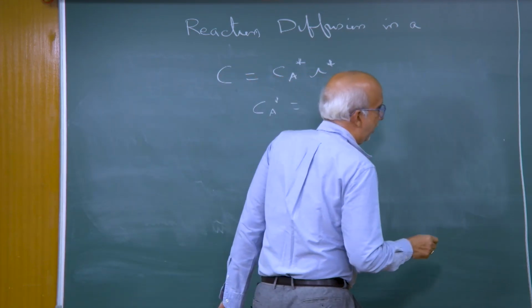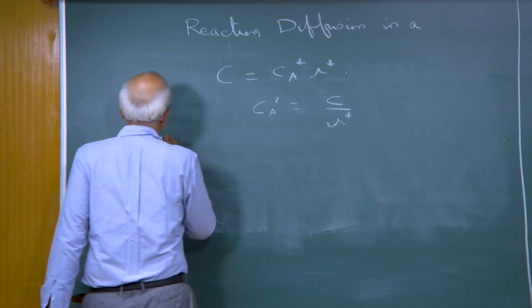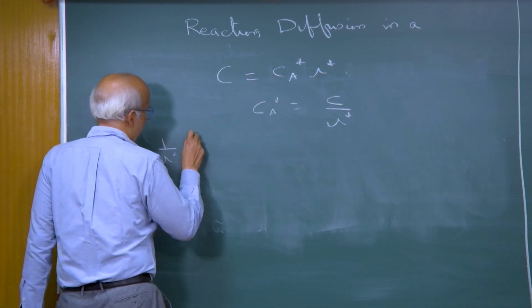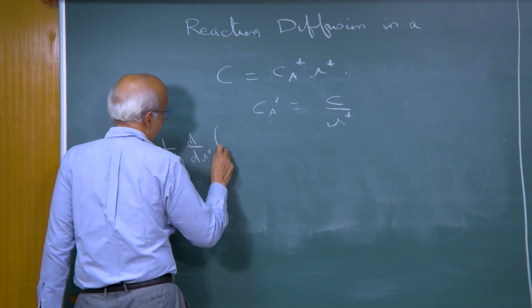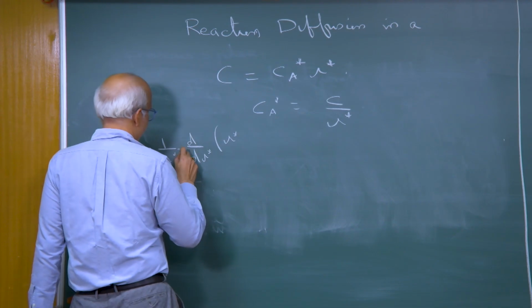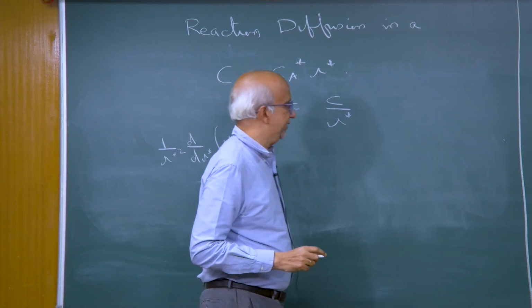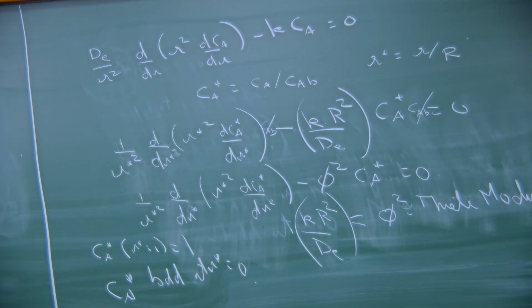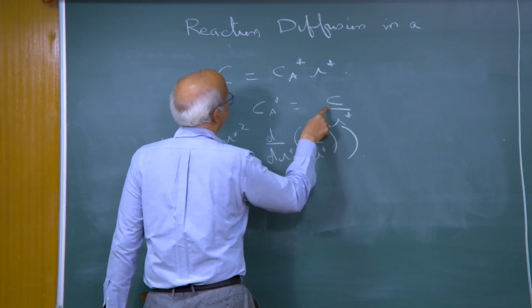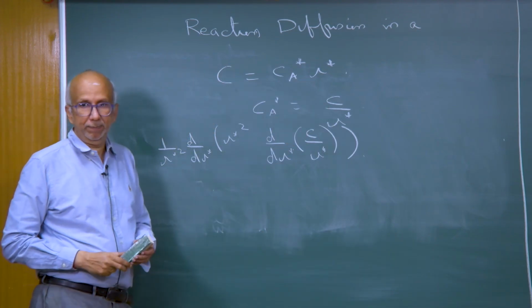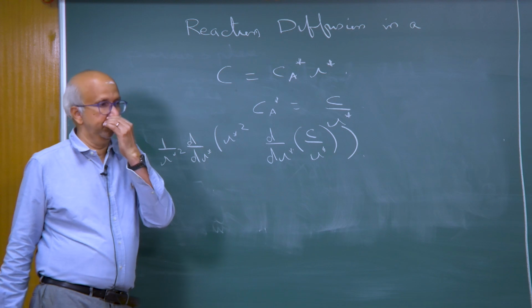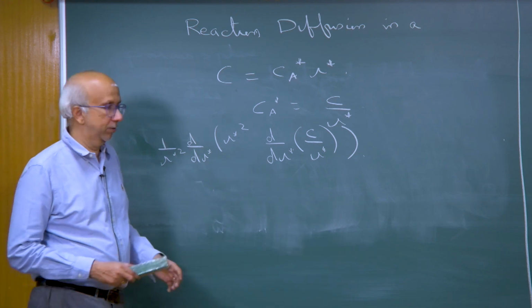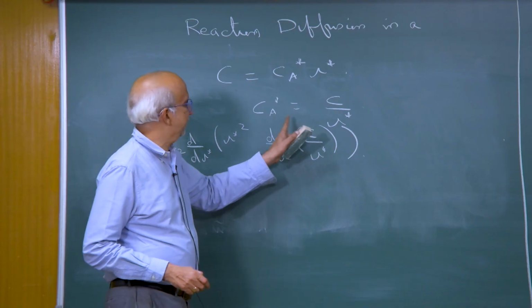So, I have 1 by R star d by d R star of R star squared times dCA by dr star. It is d by dr star of C by R star. Remember, this C is a function of R star. Okay. So, you do this product rule or quotient rule, whatever you want. So, all I have done is replace CA star by C.